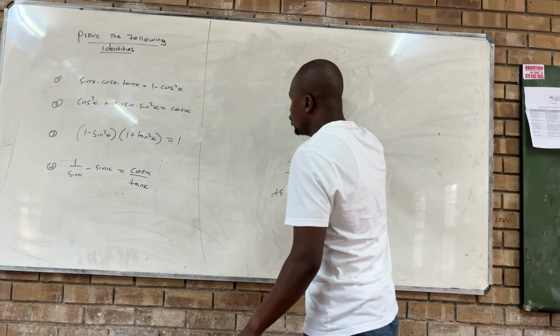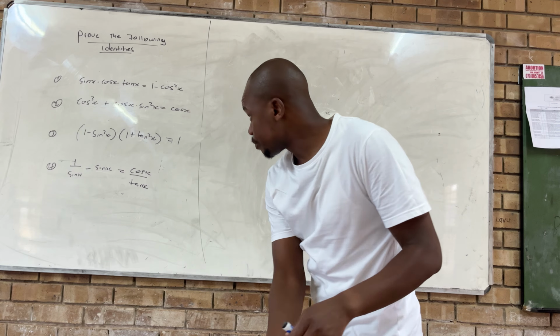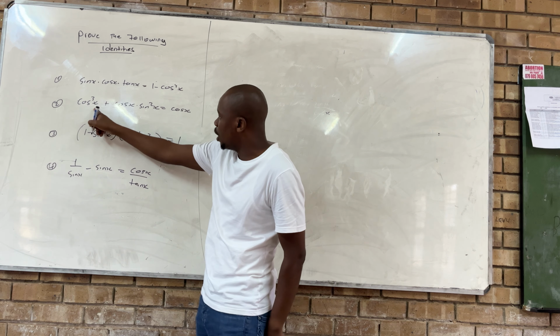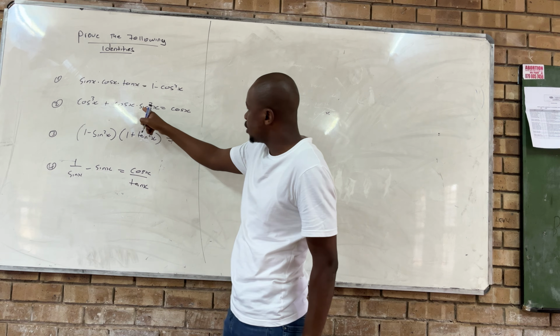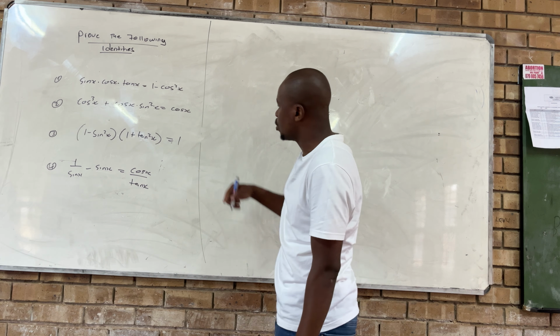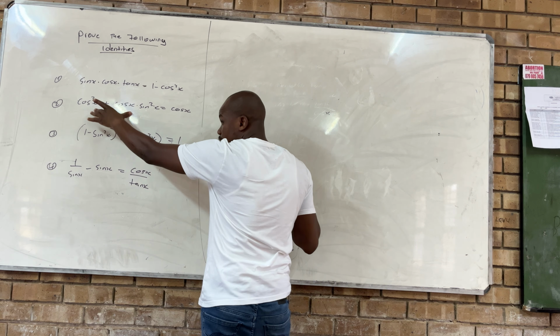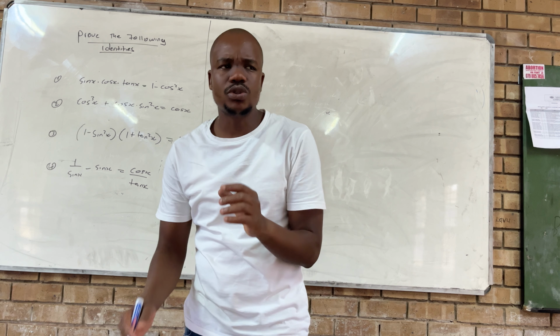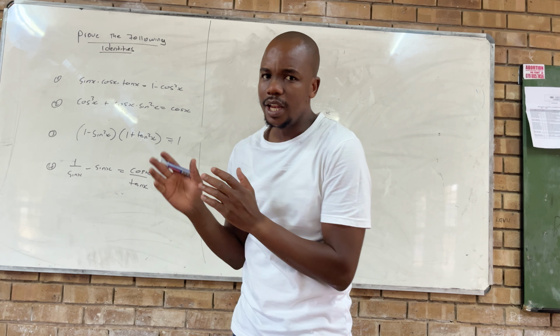With number 2, we are given cos cubed x plus cos x times sin squared x, equals cos x. The left hand side is the one which is complicated. And then please, those who are teaching paper 1, help us here.